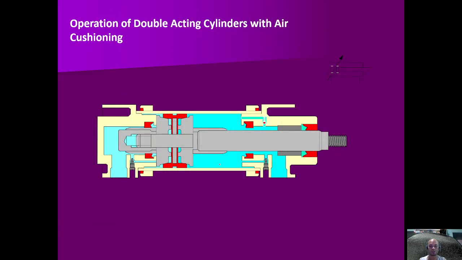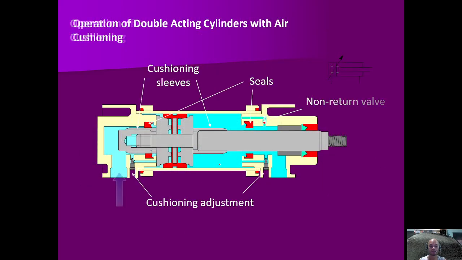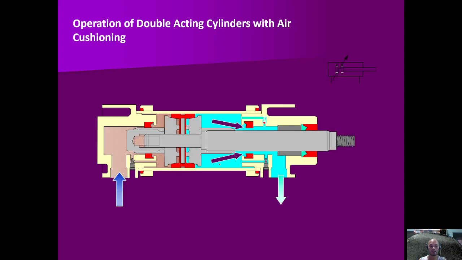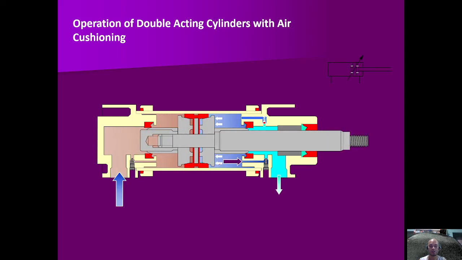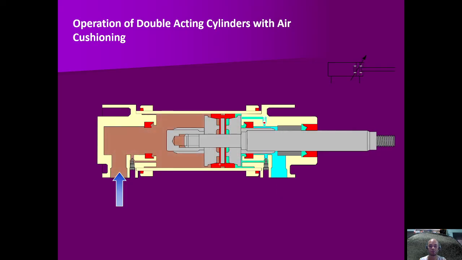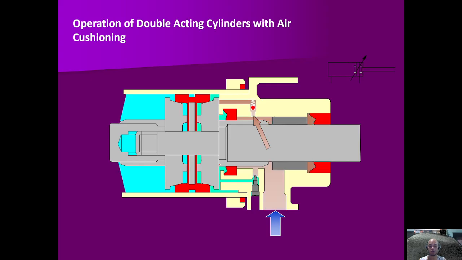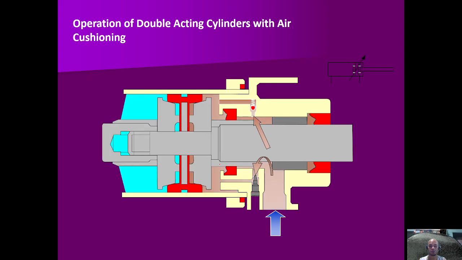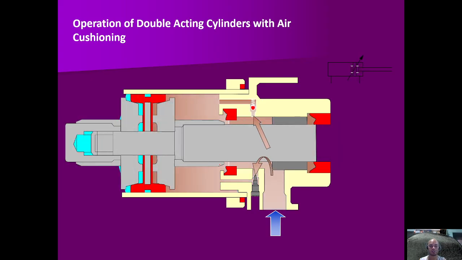If you put pressure, the piston will move to the right. And then if you put pressure on the other side, the piston will move to the left. Okay, so that is a double acting cylinder with air cushioning.